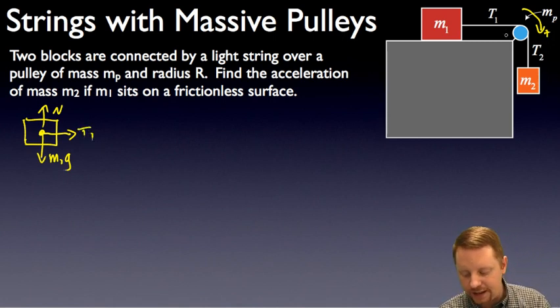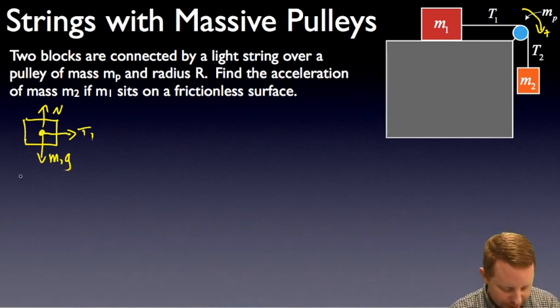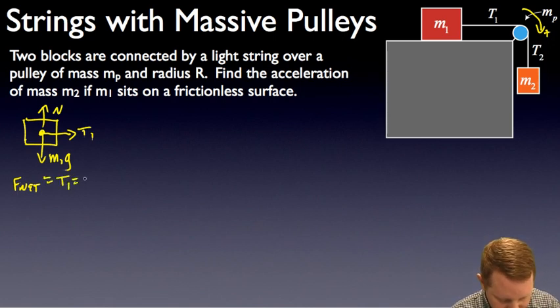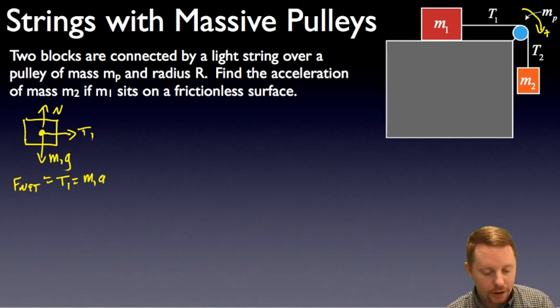And notice in this case that tension 1 and tension 2 are going to be different. If they were the same, the pulley wouldn't rotate. So now that we're talking about real pulleys instead of ideal pulleys, the tension everywhere in the string is not necessarily the same. From here, I could use Newton's second law. The net force in the x direction, well, all we have is T1, and that's going to be equal to m1a, the acceleration.